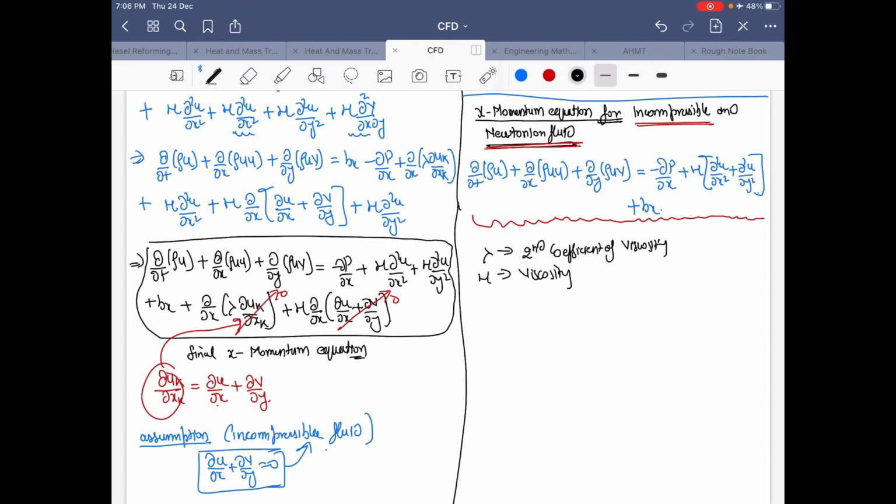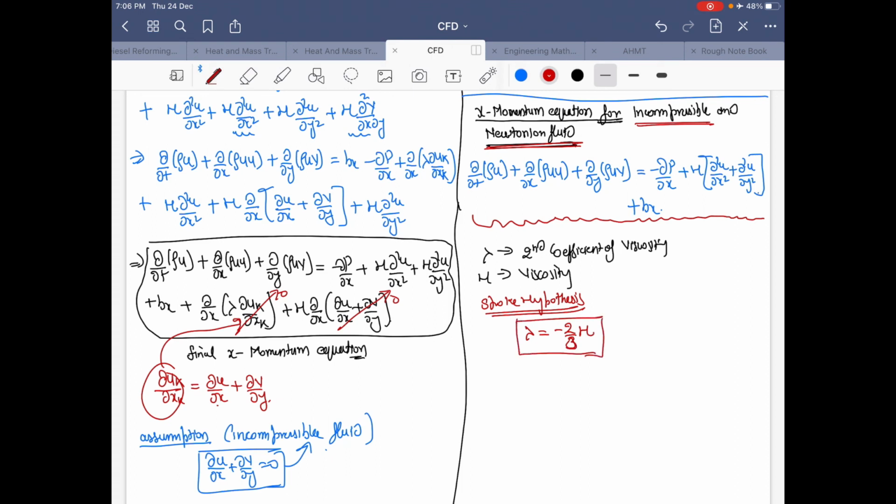So if you are solving for compressible flow, then according to Stokes' hypothesis, it was mentioned that λ, the second coefficient of viscosity, equals minus 2/3 μ.